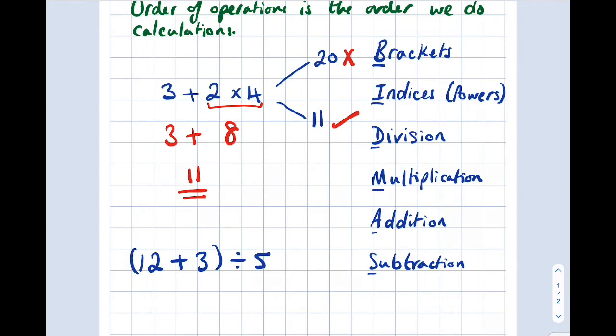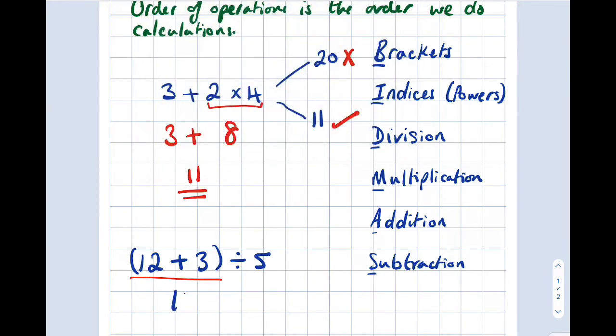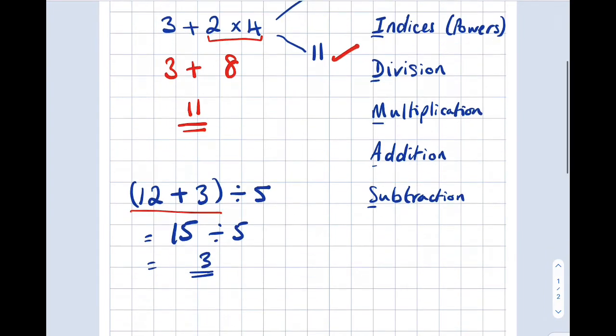Yes, they are, but inside the brackets I know there's addition, and you might say, well, addition goes later on, further down the line from division, but no, whatever's inside the brackets, you do that first. So do the first calculation. Okay, so 12 plus 3 is 15, and then you go on to share it by 5, so the answer is 3. Okay, so that's my first example.